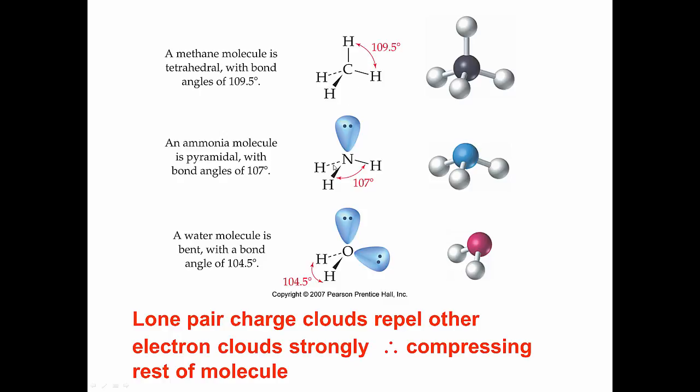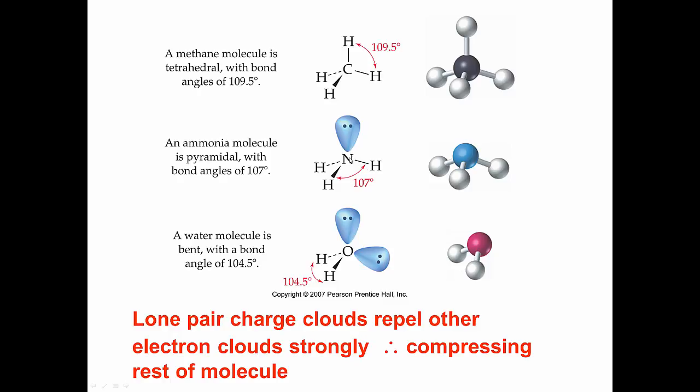Now let's take a look at the ammonia molecule. It has 4 clouds, 4 charge clouds, but one of those clouds is an electron pair, a lone pair of electrons. So let's think about this. Look at these bond angles, less than 109.5 degrees. They're 107 degrees.